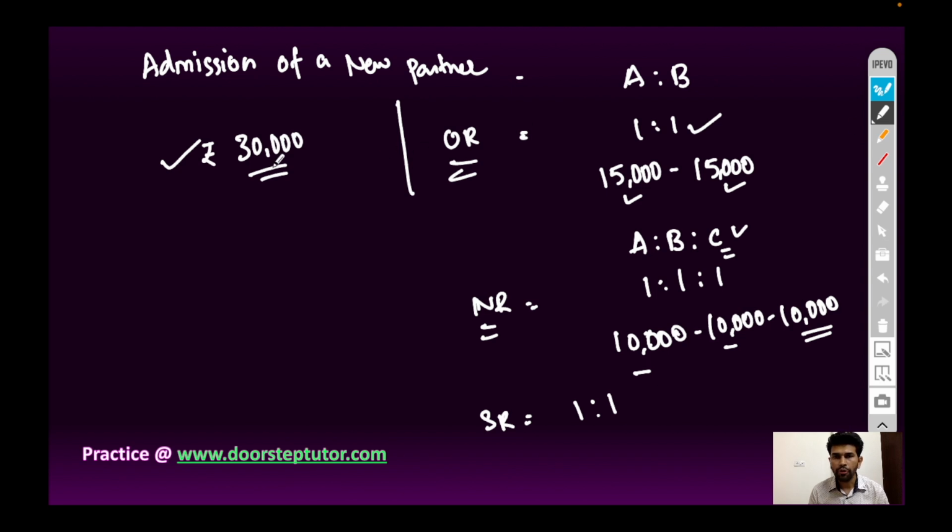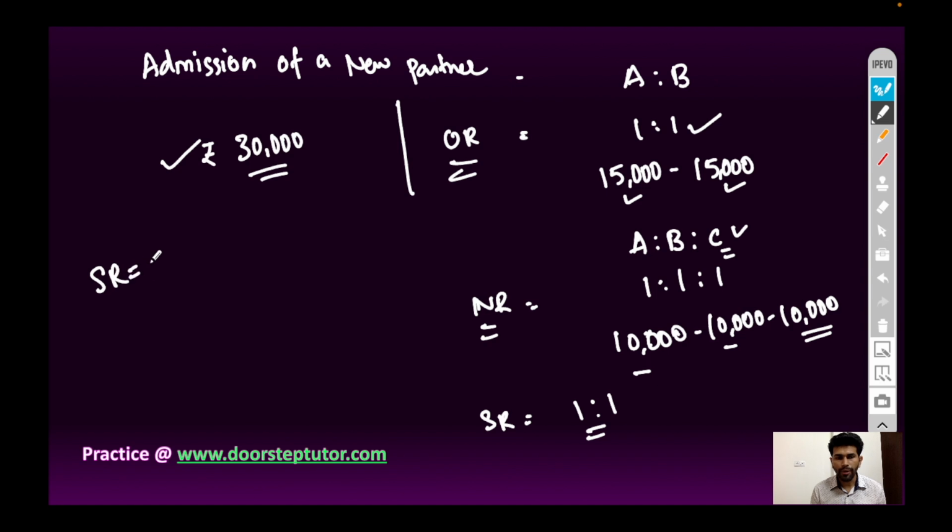So these 30,000 rupees will be distributed among each partner equally, 10,000 for each partner. And now profit of old partners has been reduced by 5,000 rupees. So sacrifice ratio will be equal.